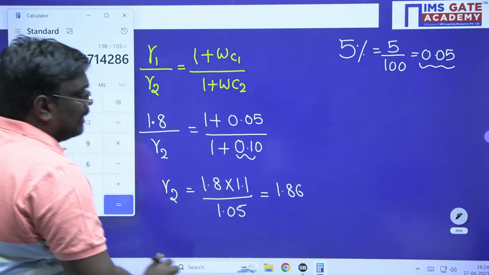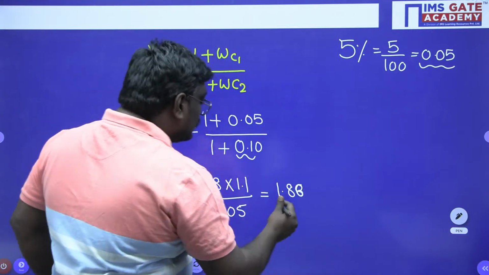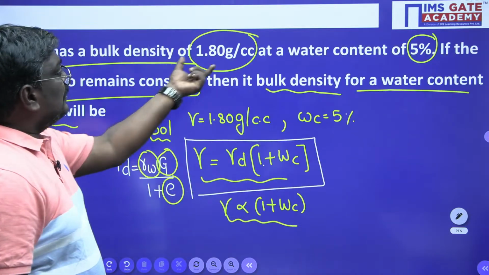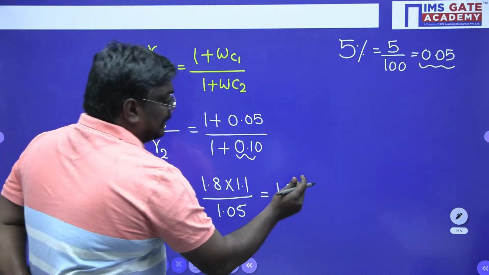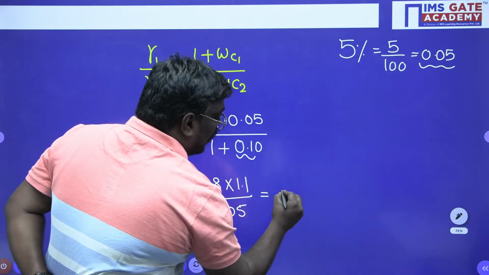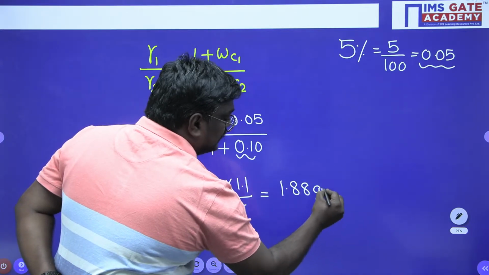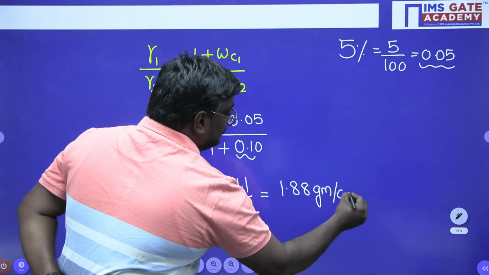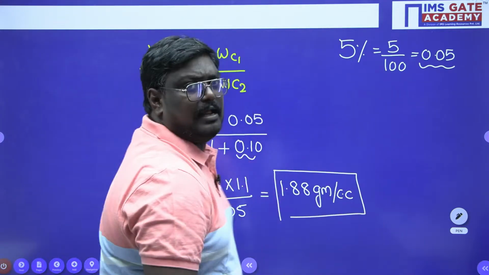It is 1.88, students. Make a correction here. It is 1.88. So what will be the units? Units is given in gram per cc. So here also it can be written as 1.88 gram per cc. Agree, students? So the bulk density is given as 1.88 gram per cc.